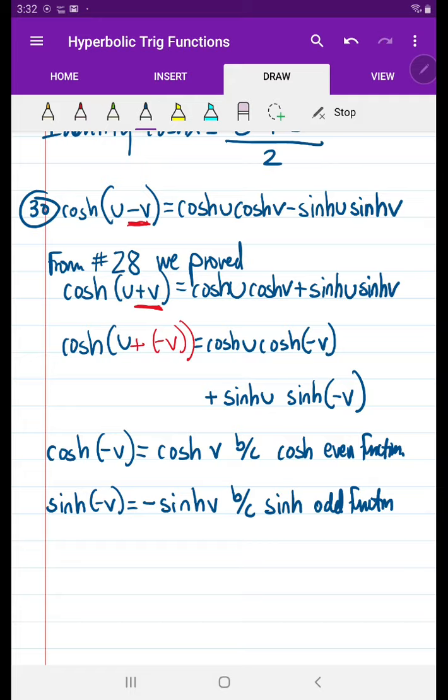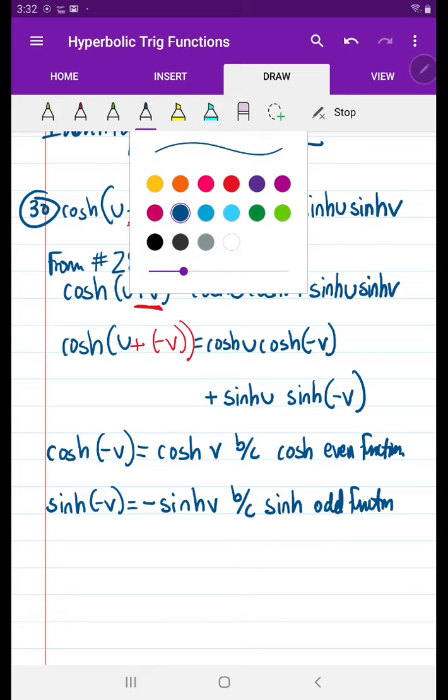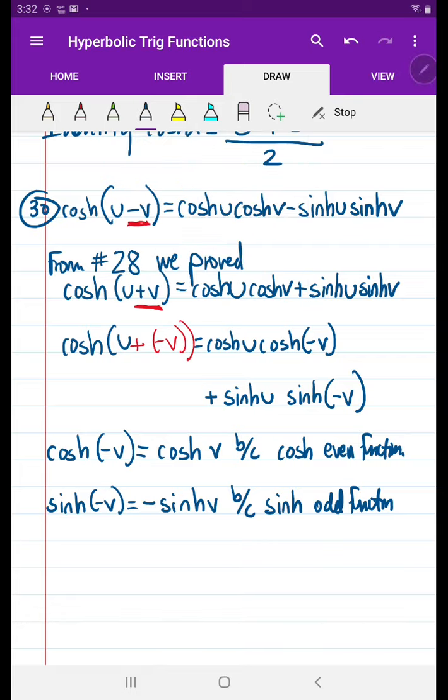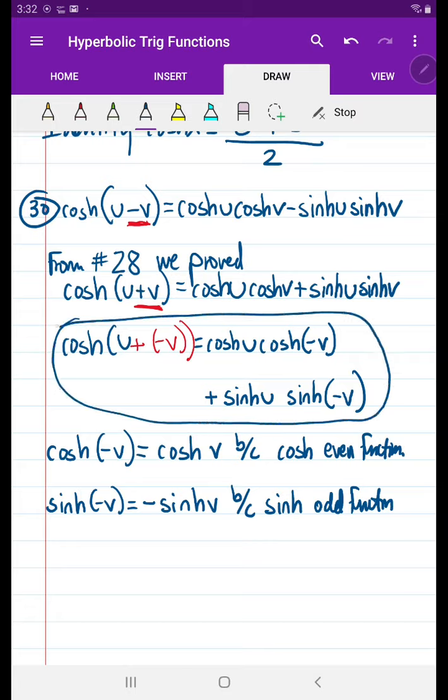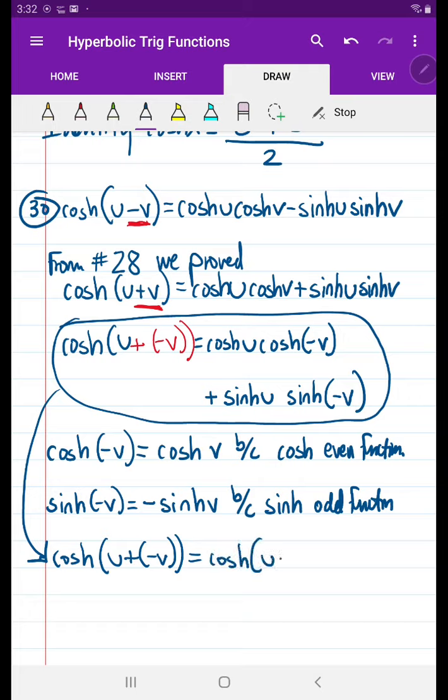So if we take these facts and rework some things, we could say that cosh u plus a negative v simplifies to cosh u minus v.